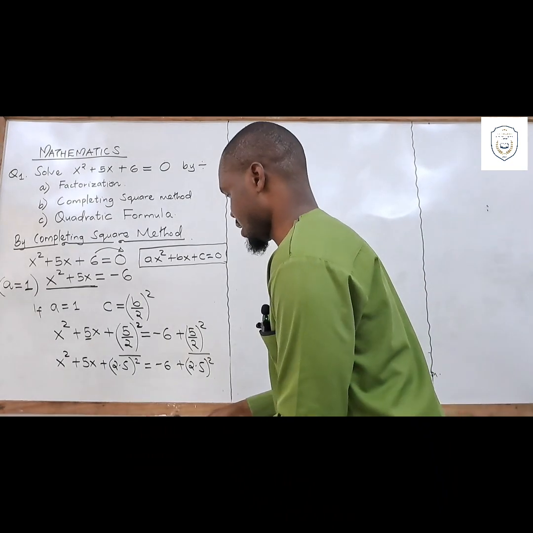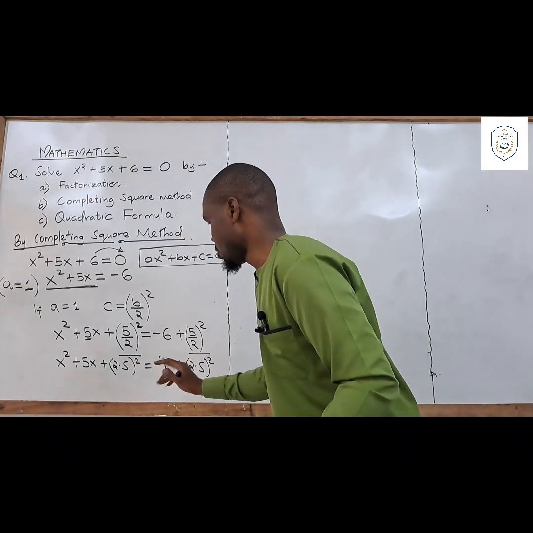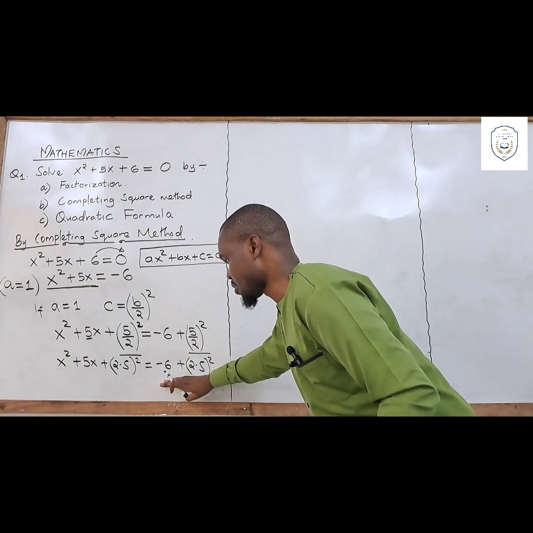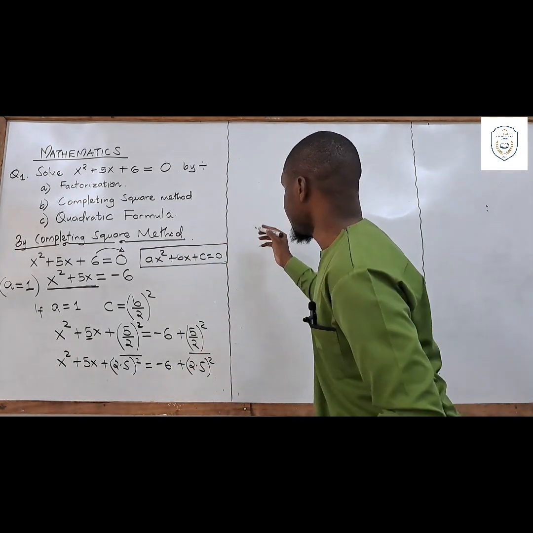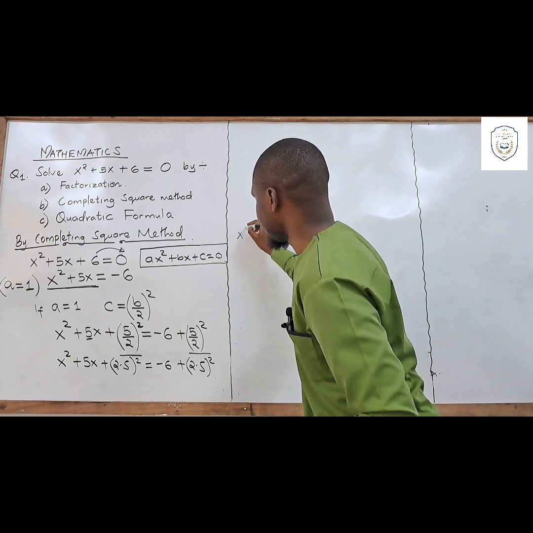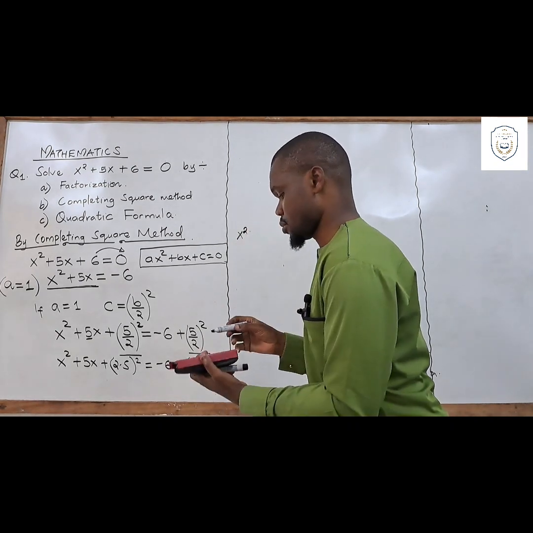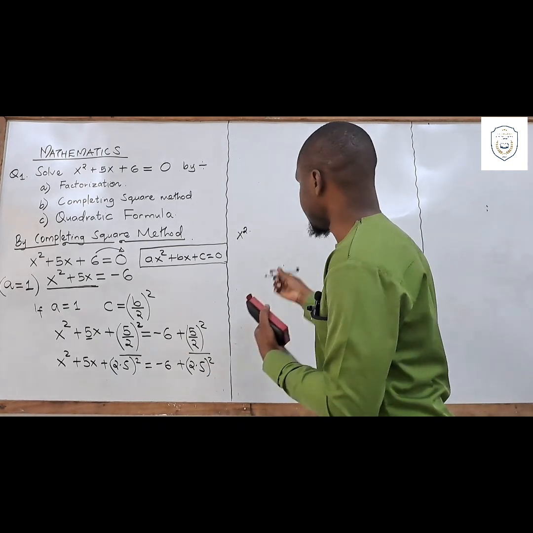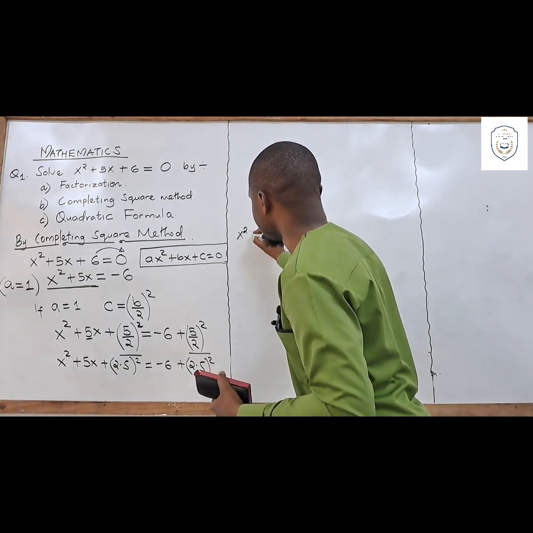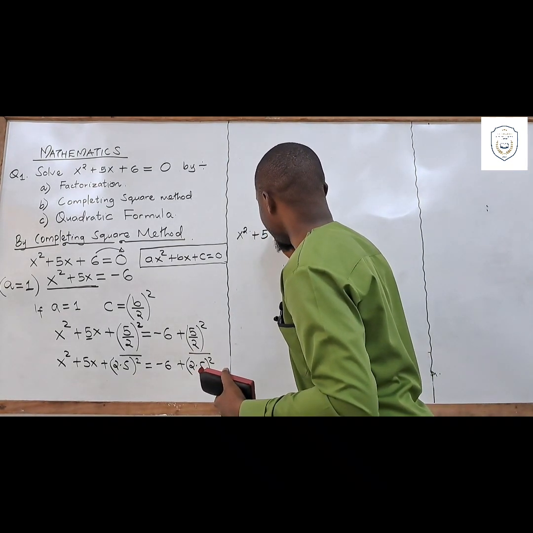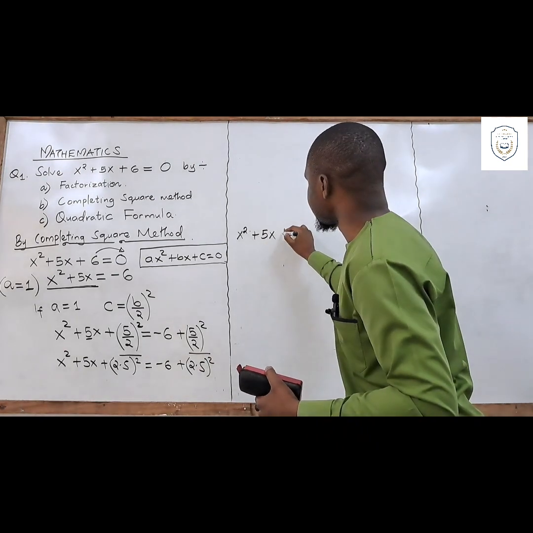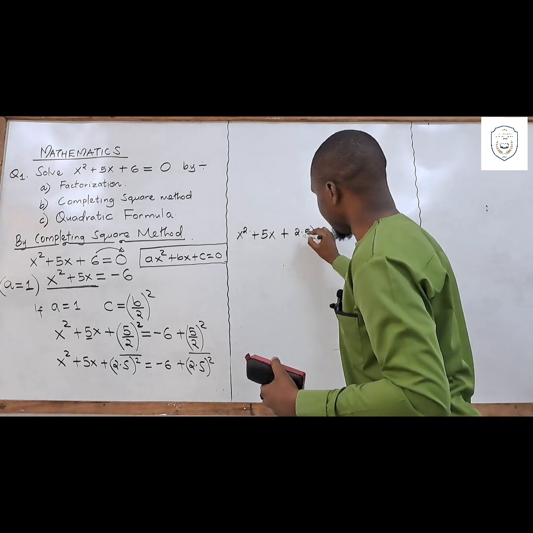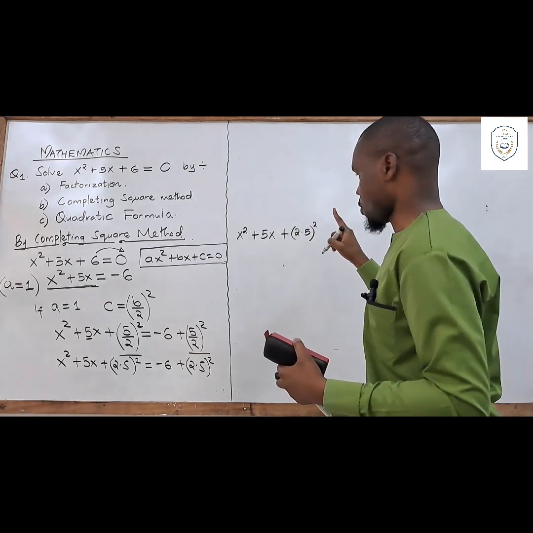So let's agree on one thing here. I want us to not expand this, but expand the other side of the equal sign. So if I was to rewrite that, I would rewrite that as x squared plus 5x plus 2.5, the way it is, without squaring it.